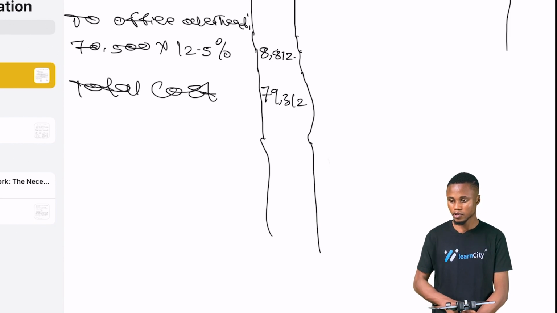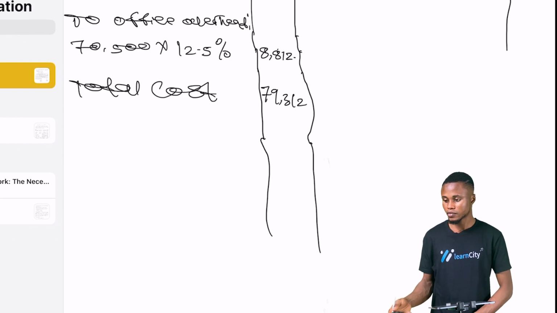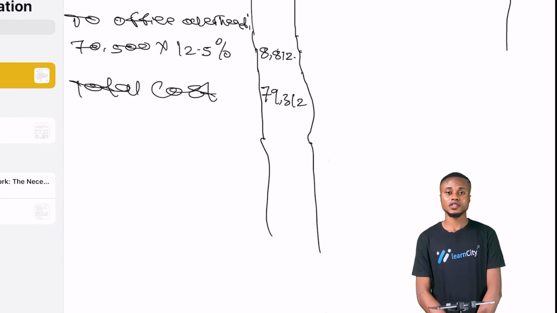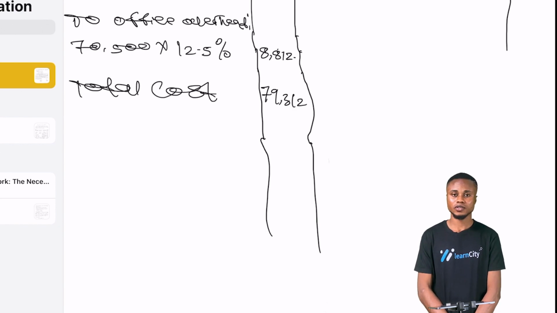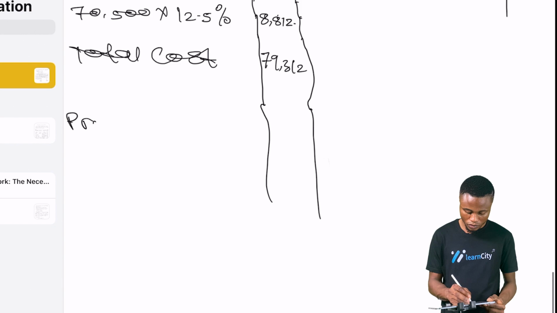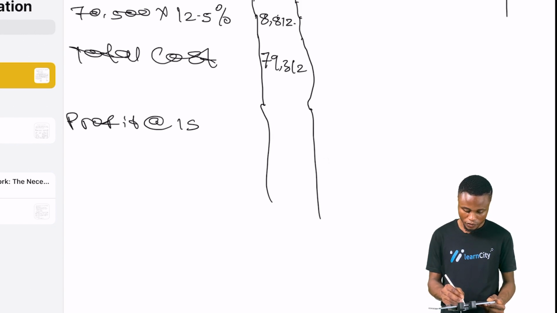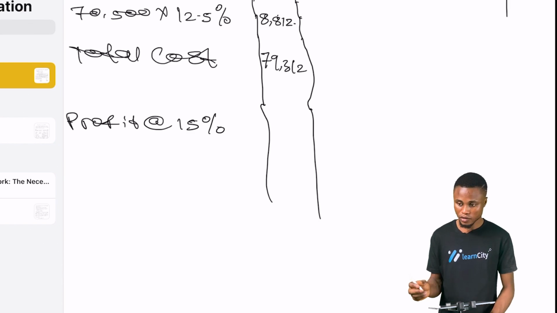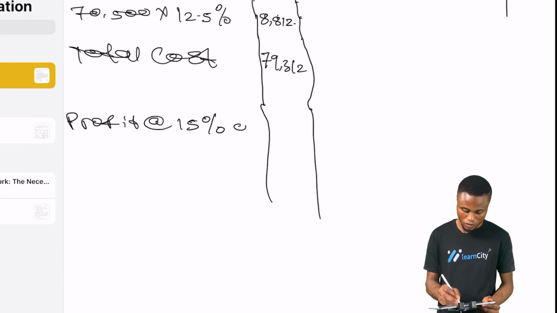The 15% that they gave us in the additional information for the profit to be realized, we are going to use it on this total cost in order to get our tender price. Profit at 15% on tender price.